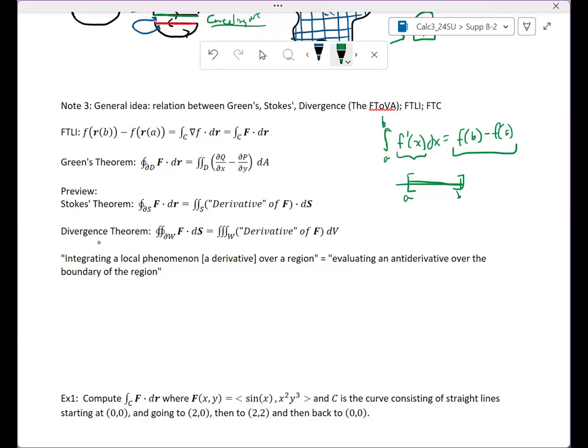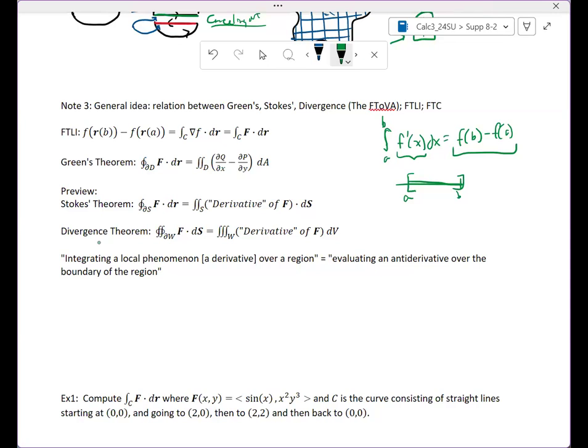So I accumulate a local property, and that's equivalent to an evaluation of something related to that local property at the boundary. Or I accumulate a derivative, and that's equivalent to an evaluation of the antiderivative at the boundary.